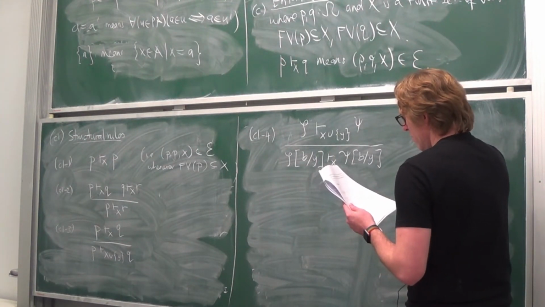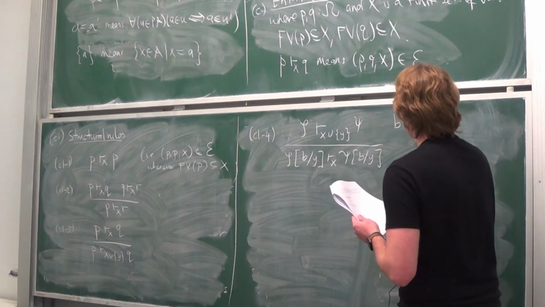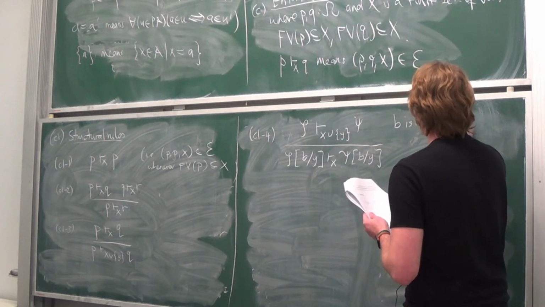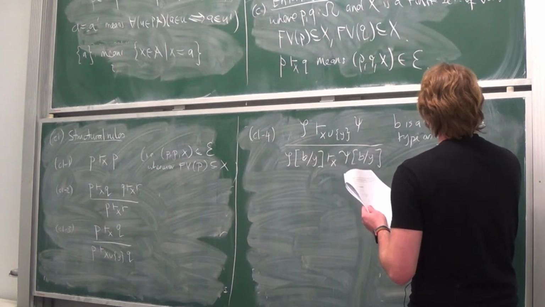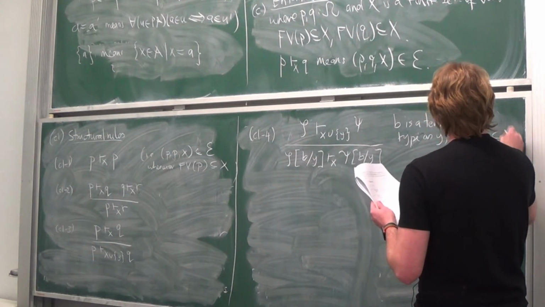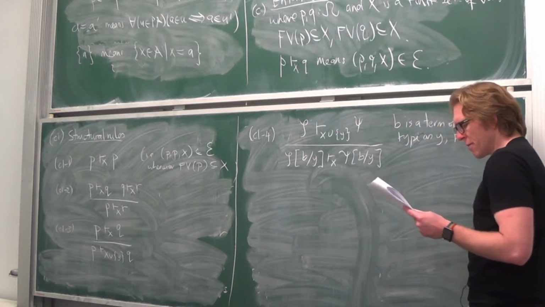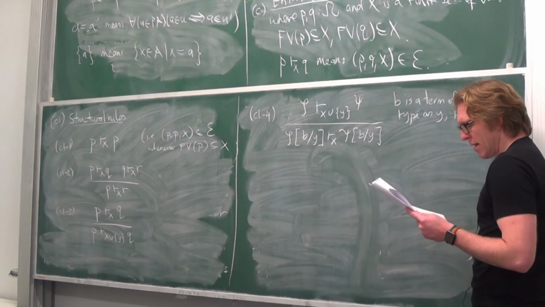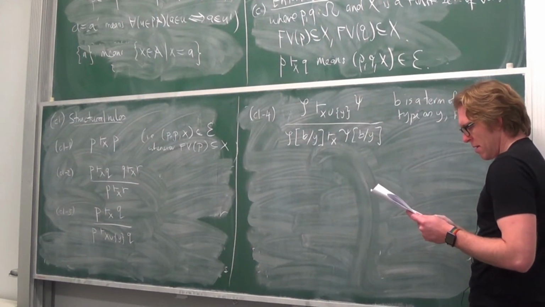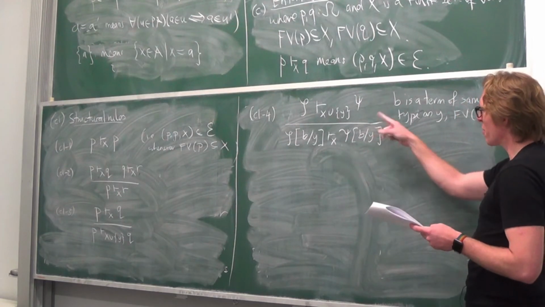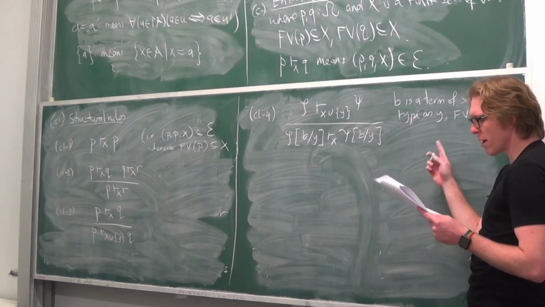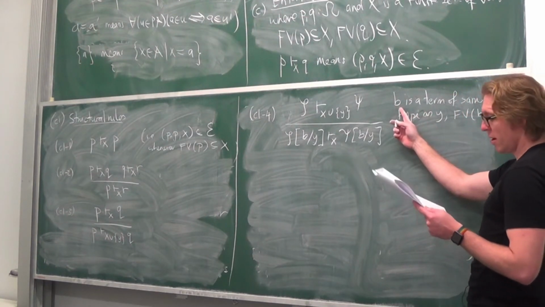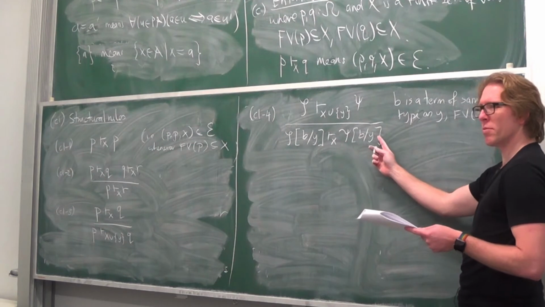B is a term of the same type, such that it doesn't have to be a closed term, but it must be true that its free variable set is contained in X. Now this is all up to alpha equivalence, so just by renaming variables we can assume that no free occurrence of a variable in B actually becomes bound when we make this replacement.